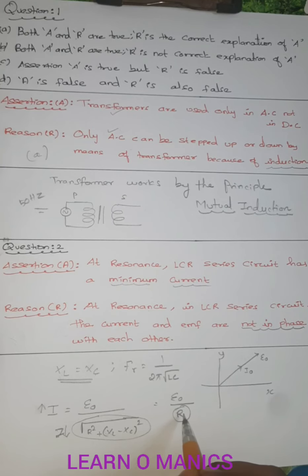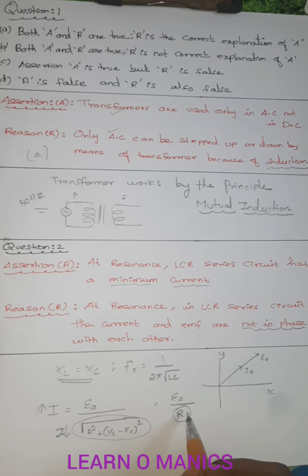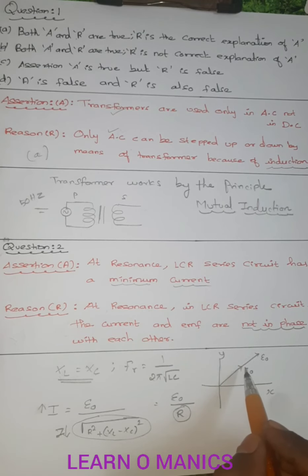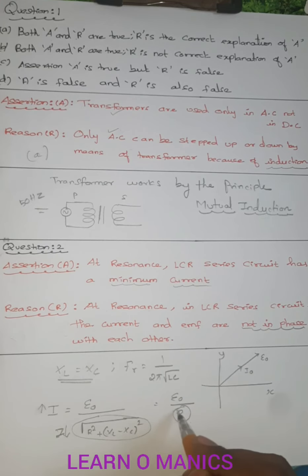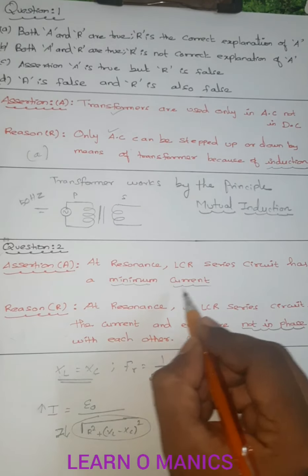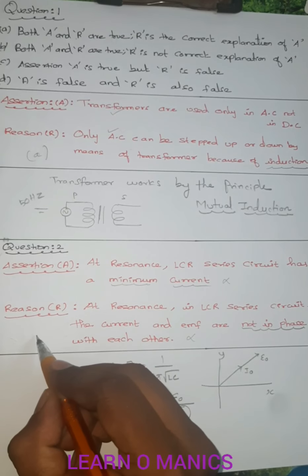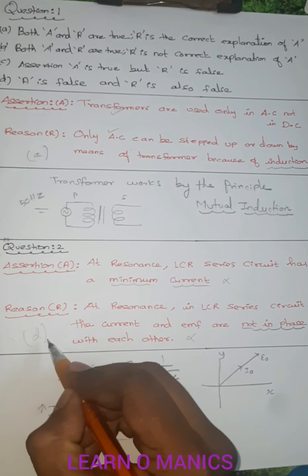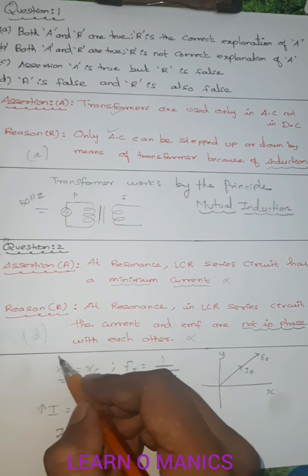So the current and the EMF in the circuit must be in phase with each other. When we think about the phasor diagram, the current and the EMF must be in phase when the circuit is working with the resistor alone, right? Therefore the reason is wrong and the assertion is also wrong. So we go for the fourth option, that is, assertion is false and reason is also false.